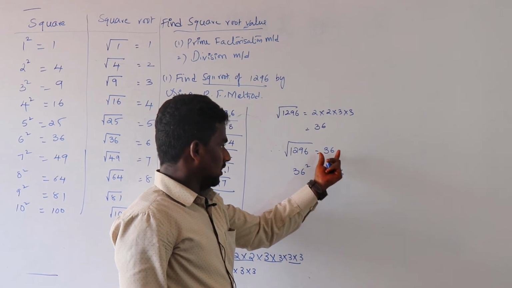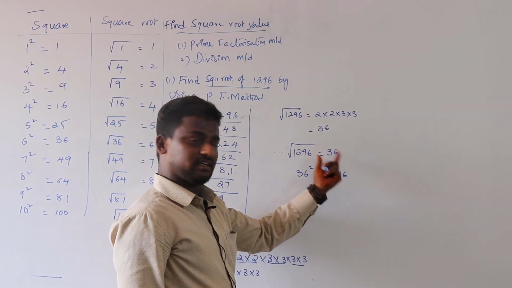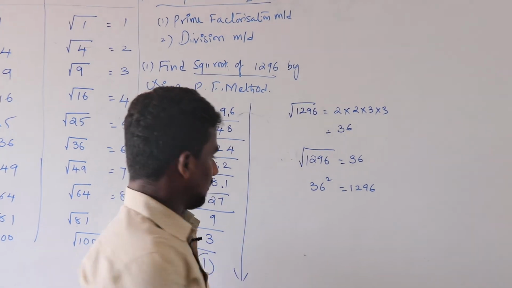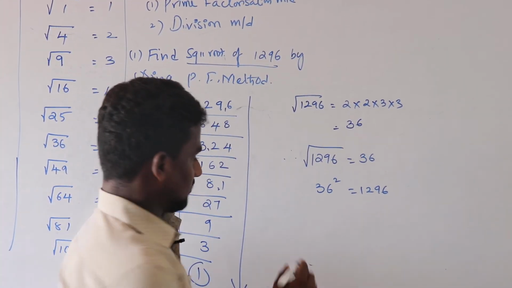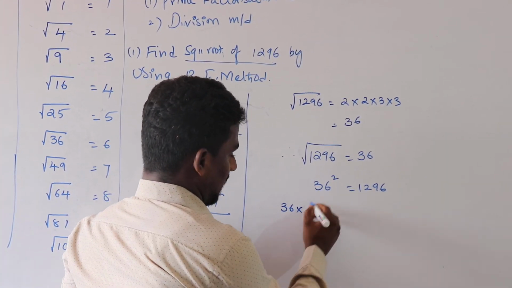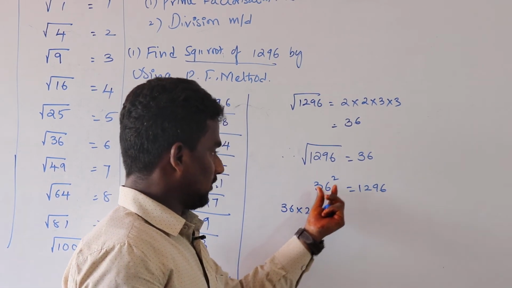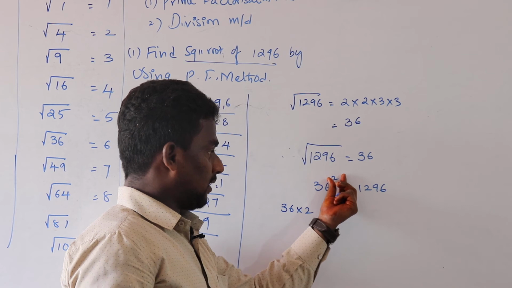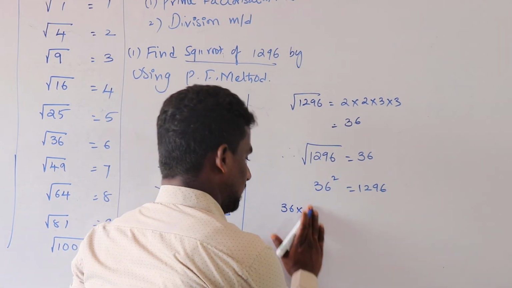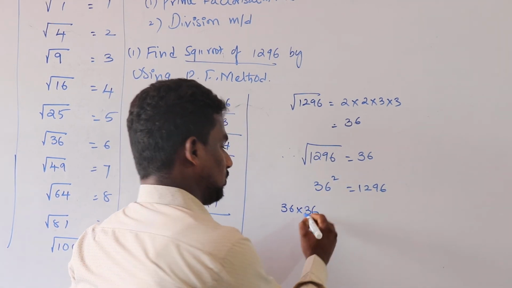After getting this, you have to check whether it is correct or not. We have to multiply 36 two times, because the power is 2, so I have to multiply 36 by 36.